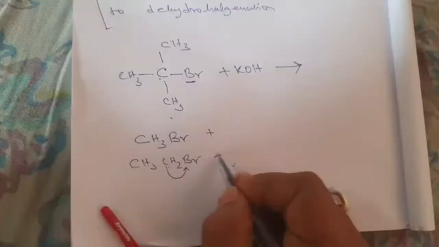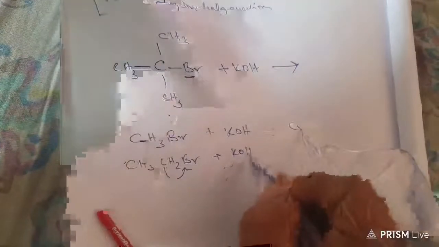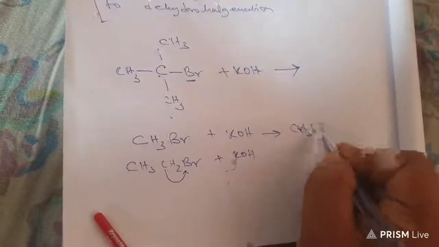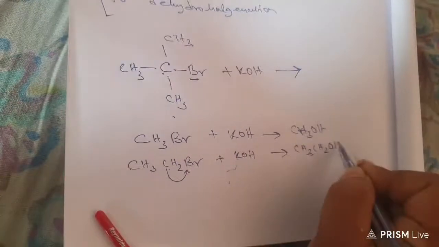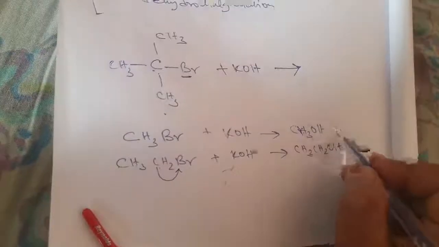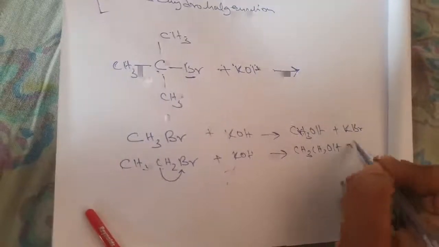If you treat it with KOH, you expect CH3OH, or CH3CH2OH, and you get KBr.